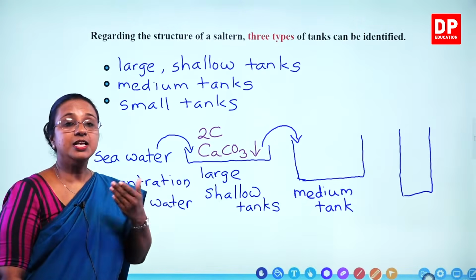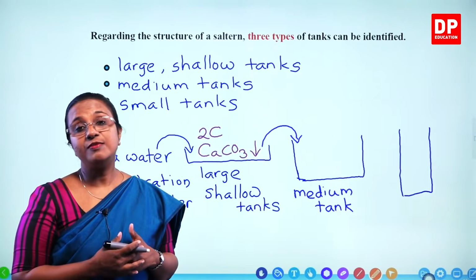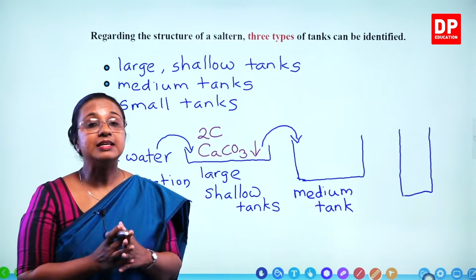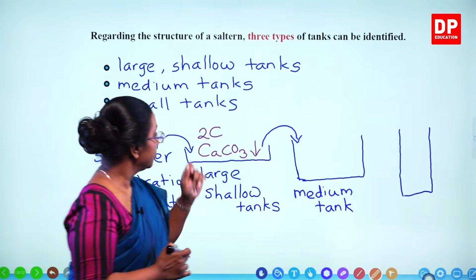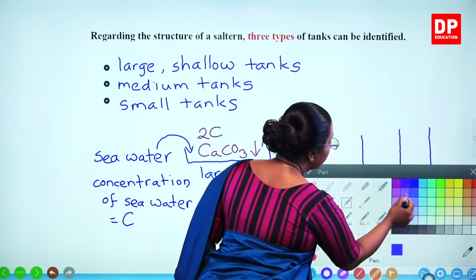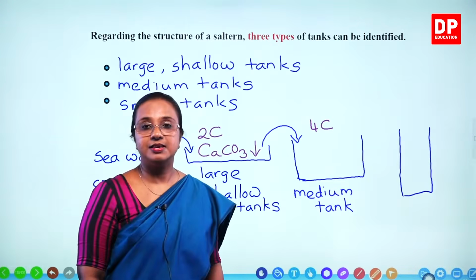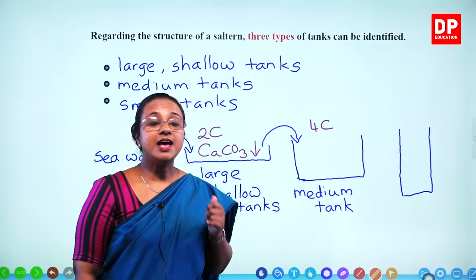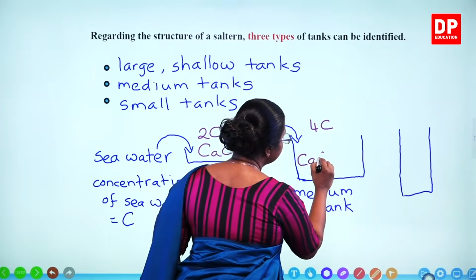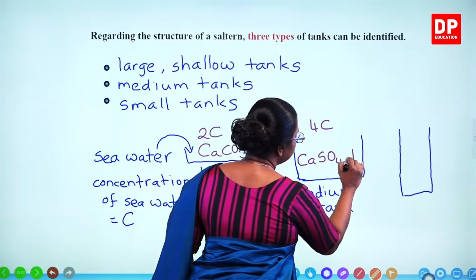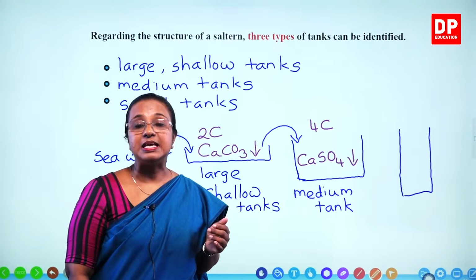That is again due to evaporation of seawater, the volume of solvent decreases and the concentration of the salts increases. So it becomes 4 times more concentrated than initial seawater. Then there is the second compound, calcium sulfate. This crystallizes in the medium tank.